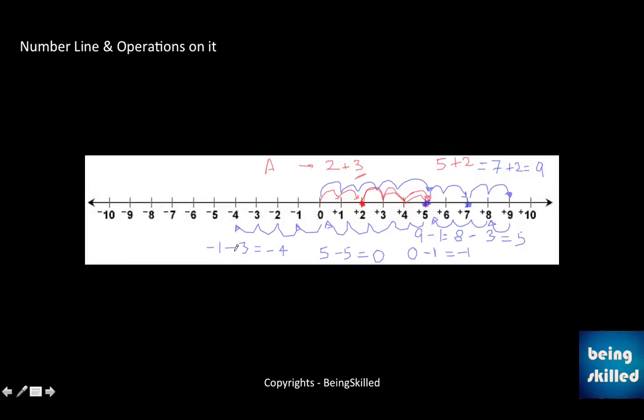So when two numbers are either negative or positive, then addition will take place, but the sign will be of the larger number. So it's minus. But in this case, we are having both numbers negative.